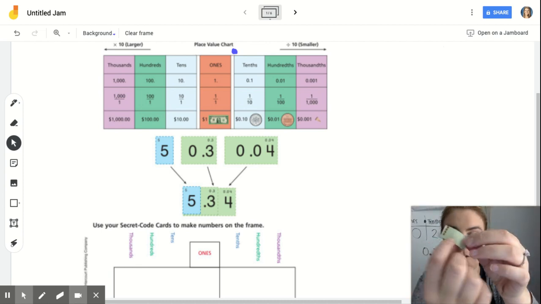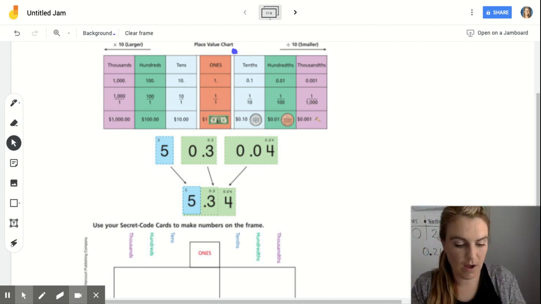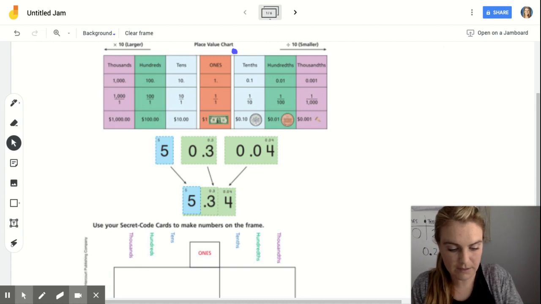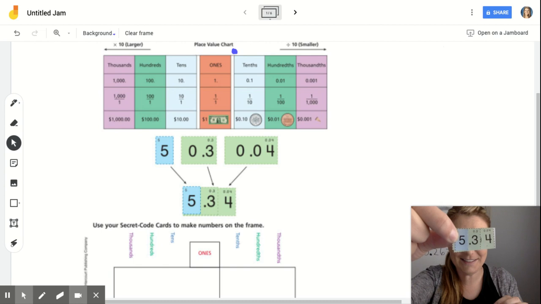And on the back, it has 4 pennies. Okay? So I have all 3 of my cards. And in the frame, when you put them all together, you're going to overlap them and create the number 5 and 34/100. So when I overlap all of mine, that's what mine looks like. Does yours look like mine?